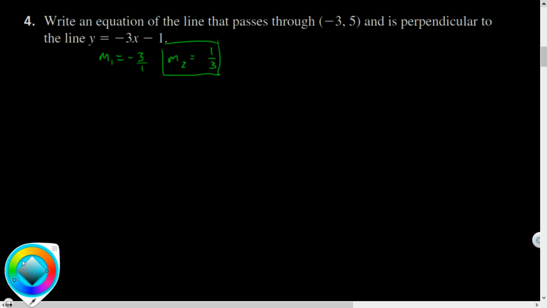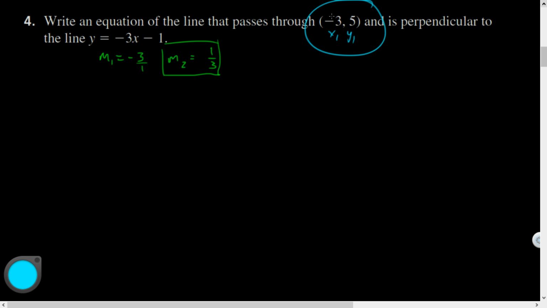So I've got my slope. I've got my y-intercept. Or sorry, no, I do not have my y-intercept. I have a point. How do I know, by the way, that that isn't a y-intercept? How can I recognize a y-intercept just by looking at a point? A y-intercept has a 0 for its x coordinate, and this one doesn't. But that's fine.